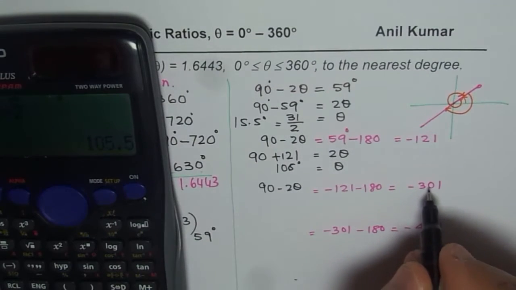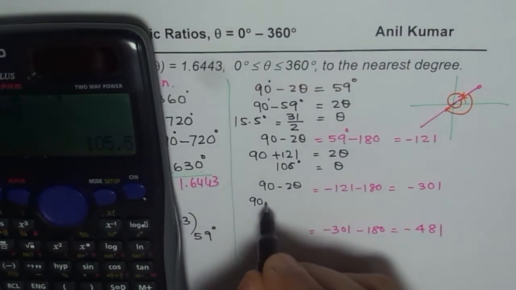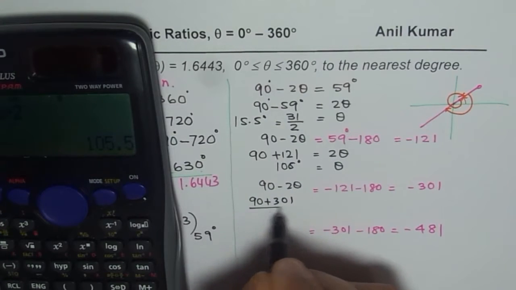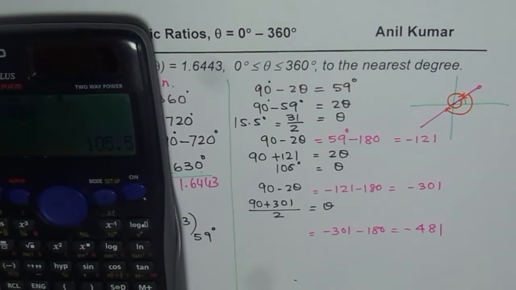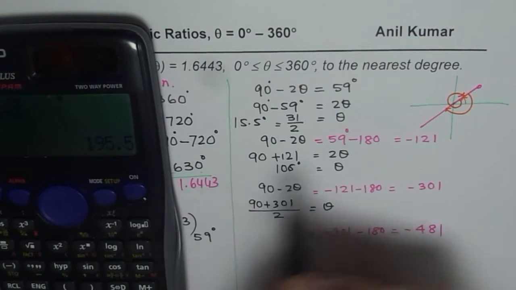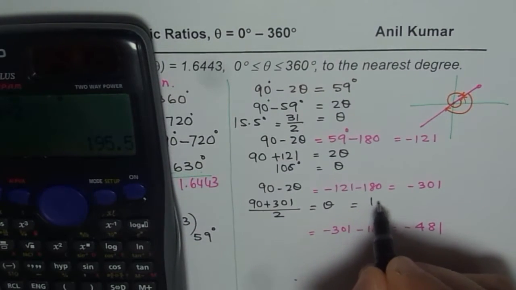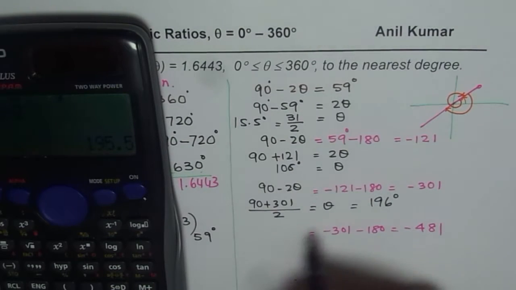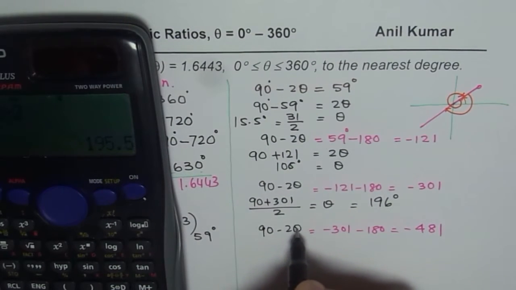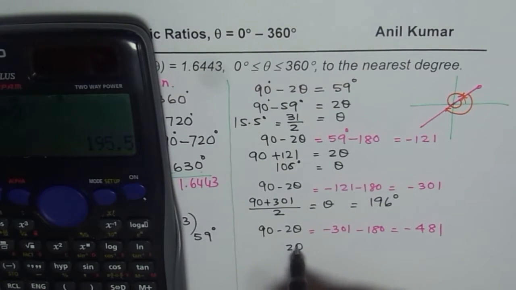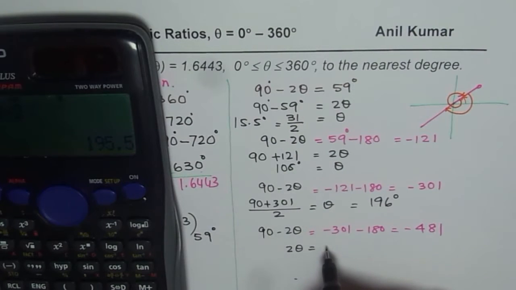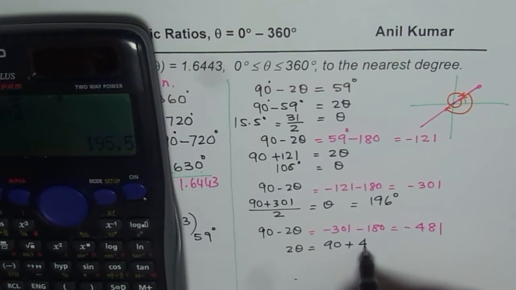This time we'll get 90 plus 301 divided by 2 is equal to theta, right? So we do 90 plus 301, equal to, and then divide by 2, otherwise you're going to make a mistake. And round this higher, so we get 196 degrees. Again, 90 minus 2 theta is equal to minus 481. So 2 theta is equal to, we'll bring it here, 90 plus 481.